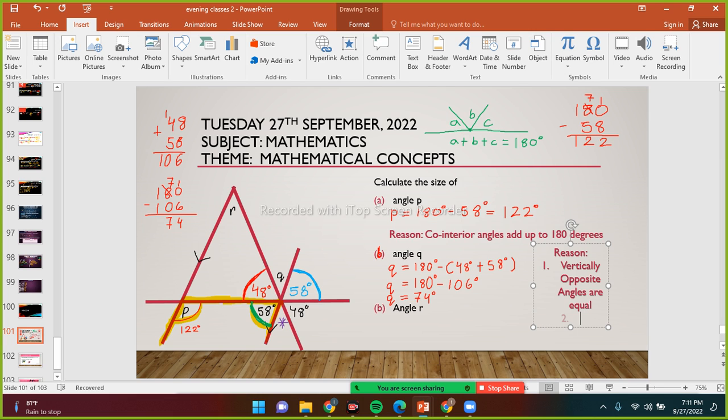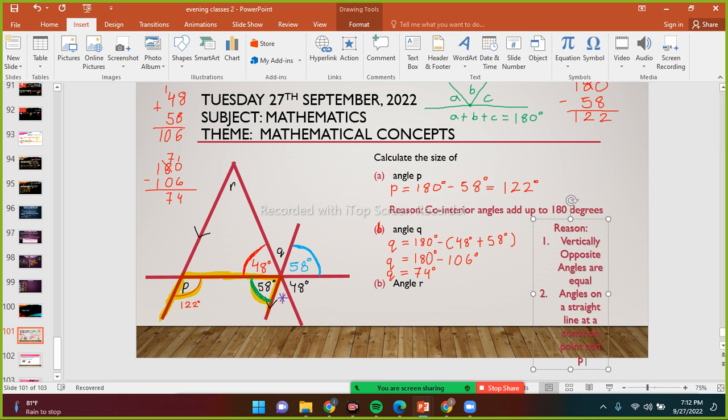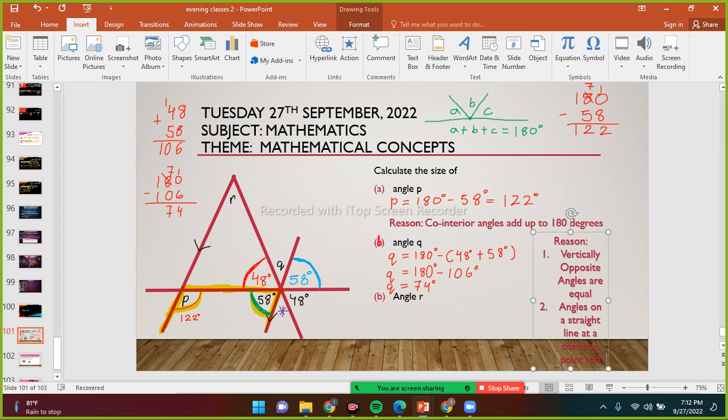And the second reason is that angles on a straight line at a common point add up to 180 degrees.